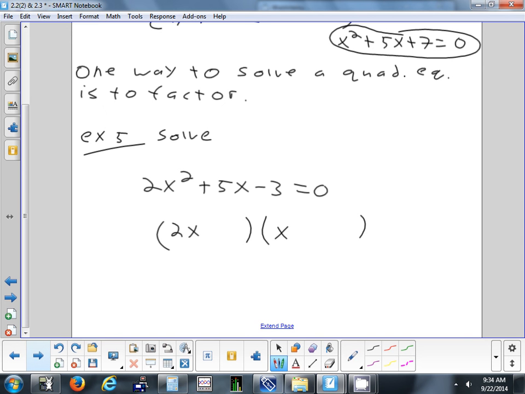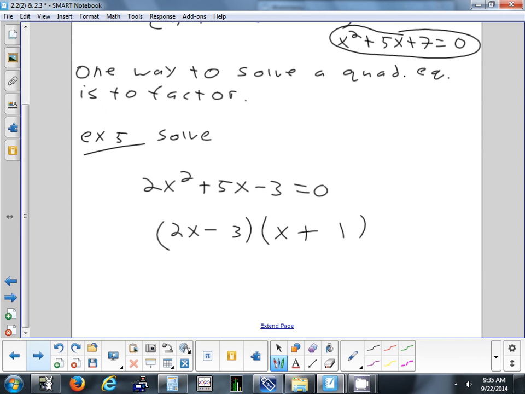If you do minus minus, minus times minus to get the last term would give me a positive. One's going to be plus, one's going to be minus, and it does make a difference which one we put where. Let's just try it that way, and if it doesn't work, we'll switch it. Two numbers that multiply to give me 3: 3 and 1. Which one do you want to put in the first spot, 1 or 3? 3.